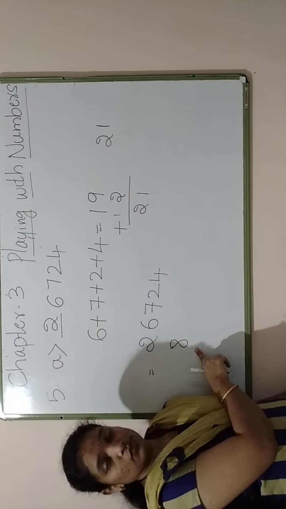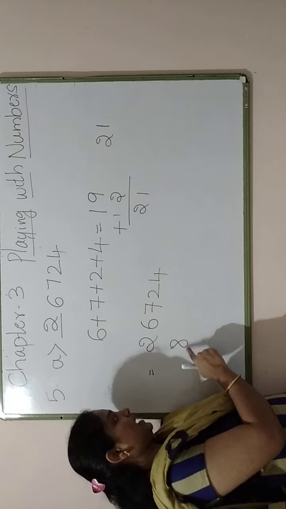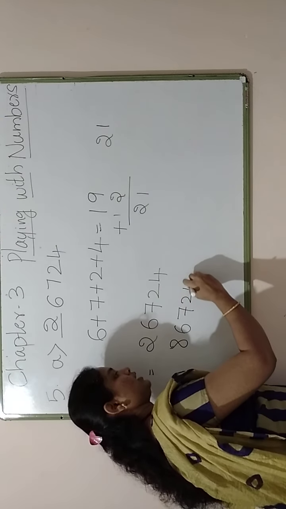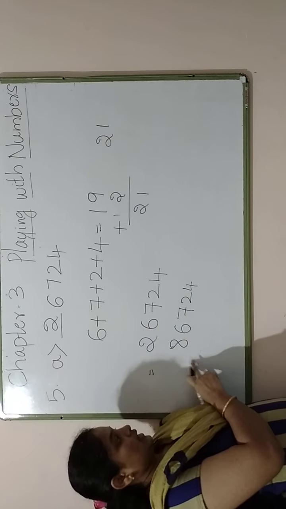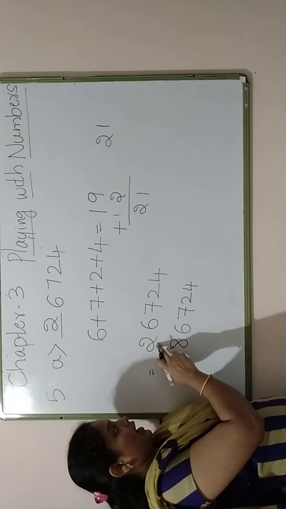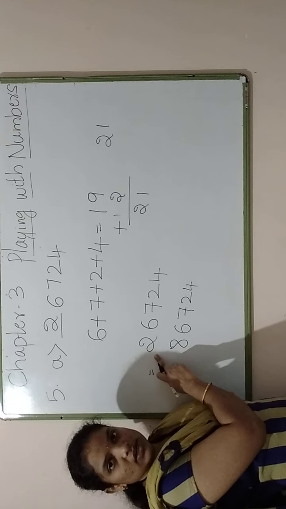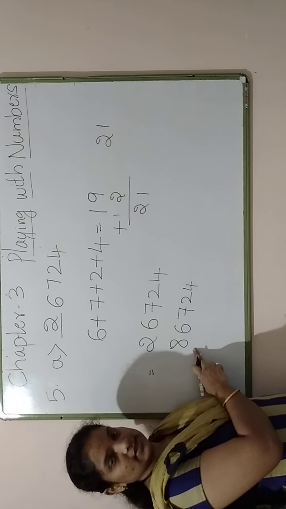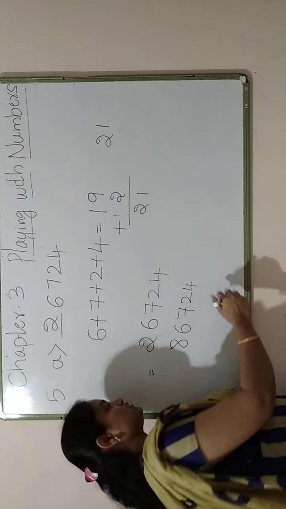You got it? So when I write 8, 6, 7, 2 and 4, among the even numbers the greatest is 8.